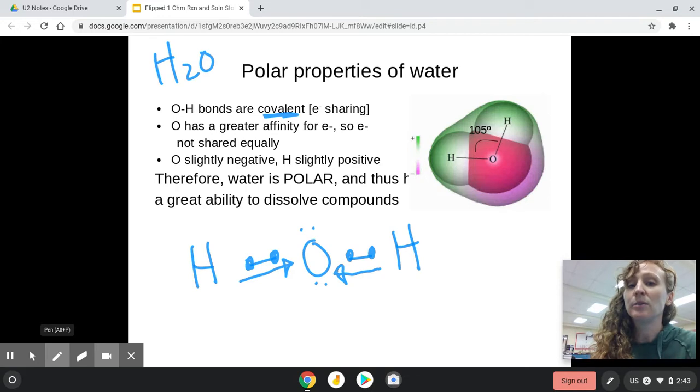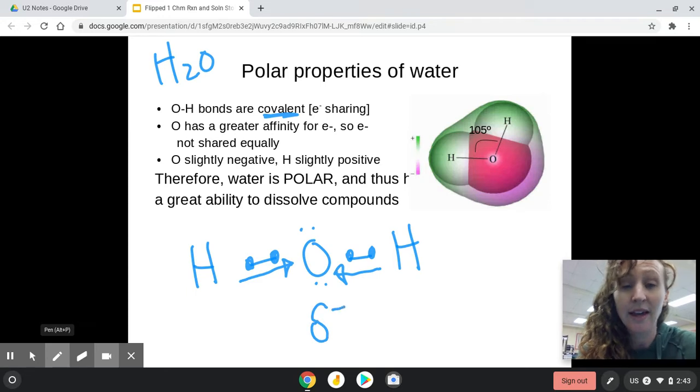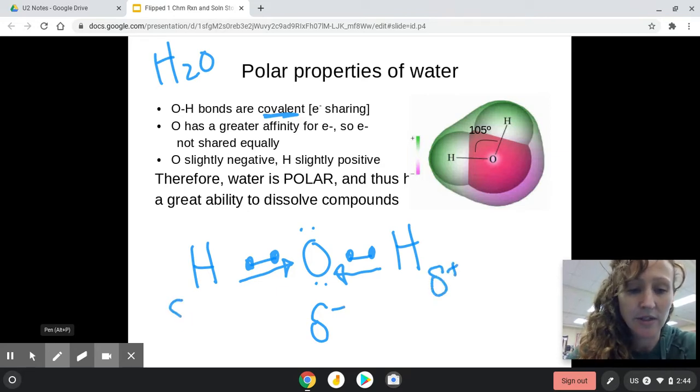They spend a little bit less time around hydrogen. And that means that oxygen is going to be partially negative, not a complete charge, but a partial charge. Hydrogen, because the electrons are pulled away from them because of their low electronegativity, is going to be partially positive, right? Both hydrogens, partially positive.